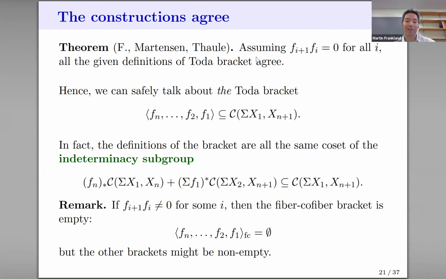And this is the caveat: if some twofold composite is not zero, it could still happen that one of those brackets is non-empty, although the fiber-cofiber one will automatically be empty. So I would say that morally, the fiber-cofiber is the correct definition. And the content of the theorem is that those other easier constructions happen to give you the correct answer. But the fact that they might give you a wrong answer here is just for silly reasons.